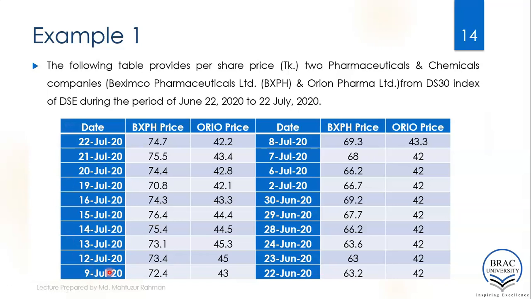We have the prices for both pharmaceutical companies, and these are their stock names: BXPH for Beximco Pharmaceuticals Limited and ORIO for Orion Pharma Limited. Now let's find out which data has more relative variation in terms of price.